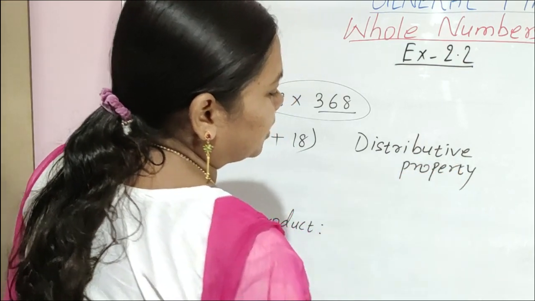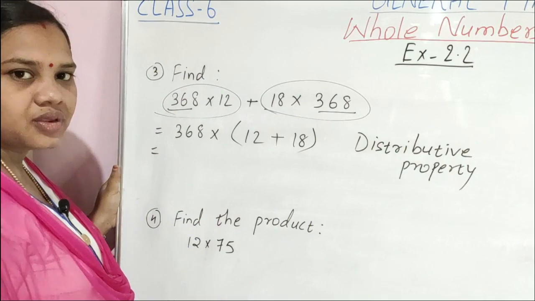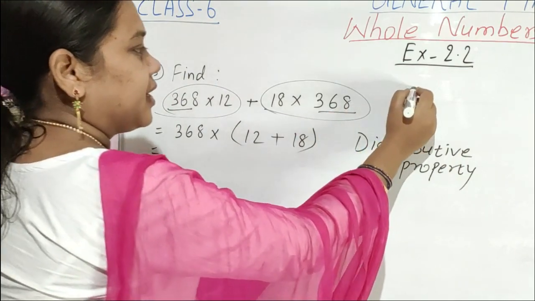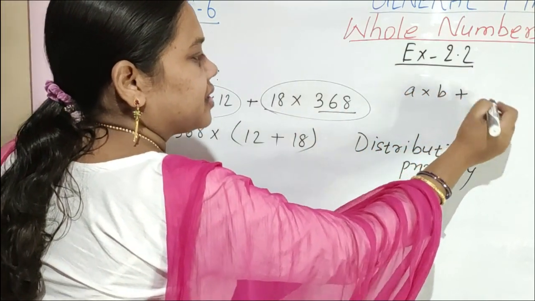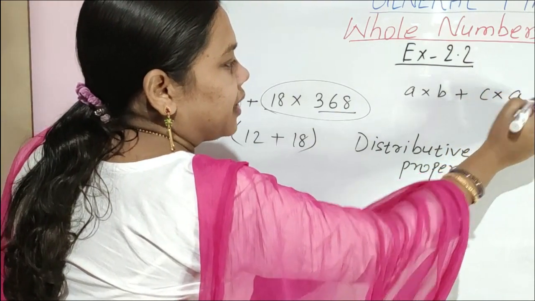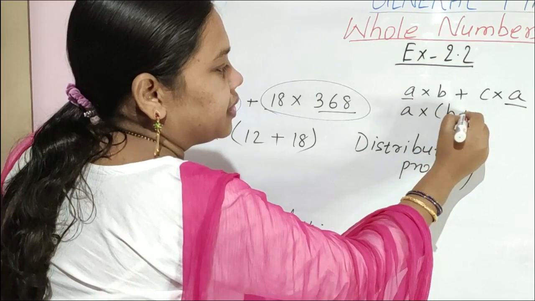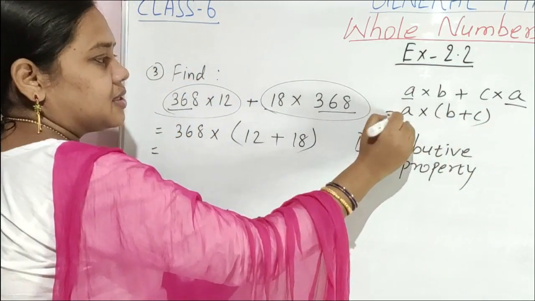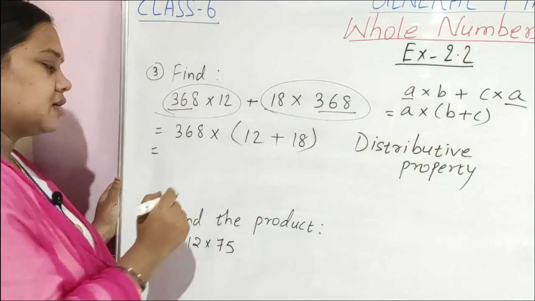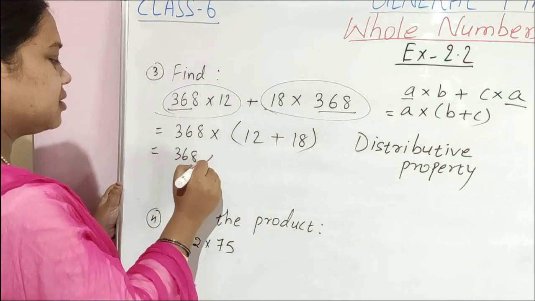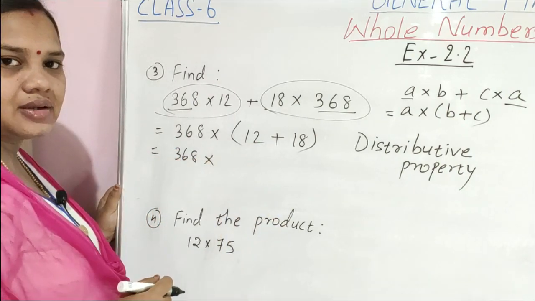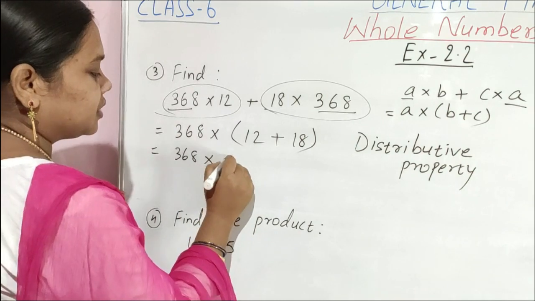In distributive property only we are doing like this. A into B plus C into A. A is common, take A common into B plus C. Same thing we did here. 368 into 12 plus 18. How much? It is 30.